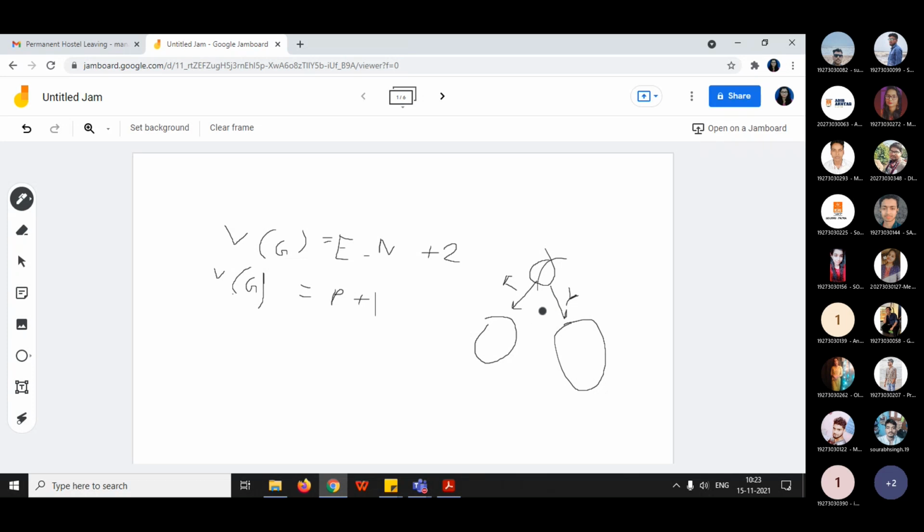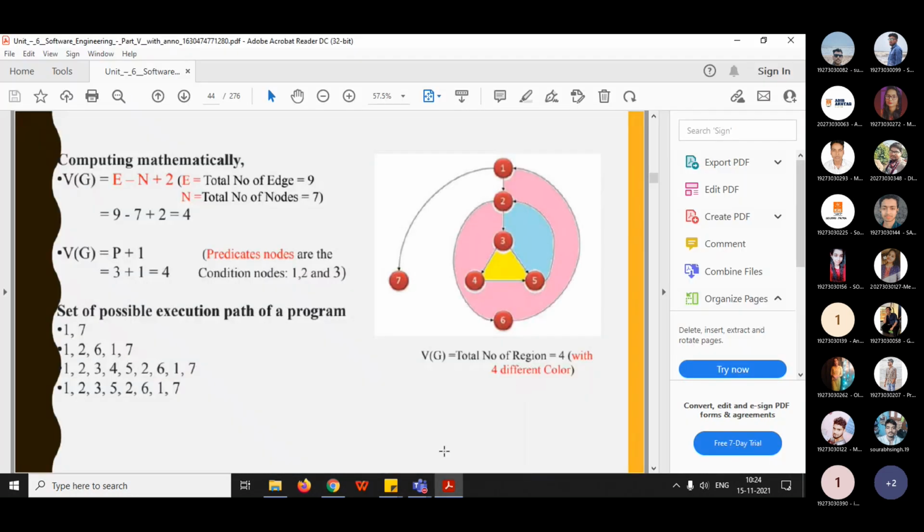In general, if you are given any code and you see a condition, you can easily identify it as a predicate node, because in any condition checking there is a true part and a false part, and both are outgoing edges, and predicate nodes denote more than one outgoing edge.